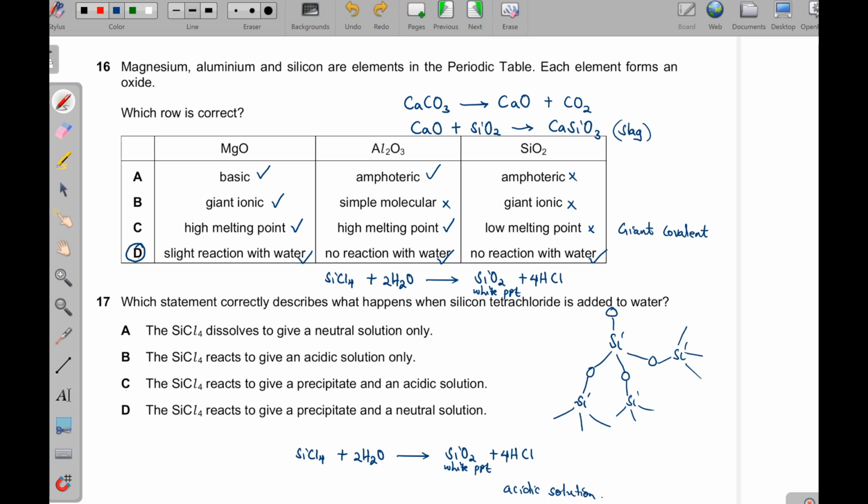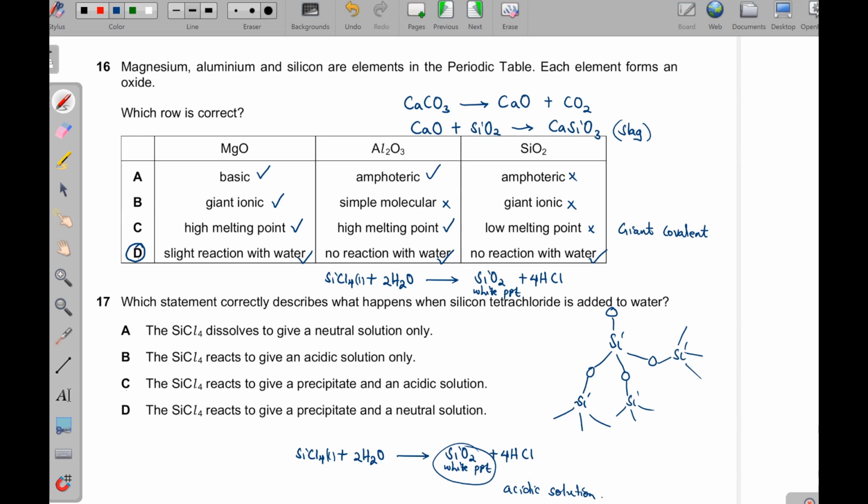Now the options. Silicon tetrachloride, by the way, is a liquid at room temperature. In one of the questions they have asked about its state at room temperature and pressure. Silicon tetrachloride dissolves to give a neutral solution only? We can see this is an acidic solution. Reacts to give an acidic solution only? Yes, there is an acidic solution, but there is also a white precipitate.